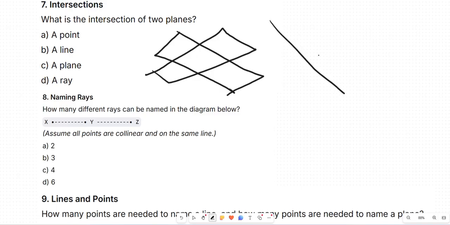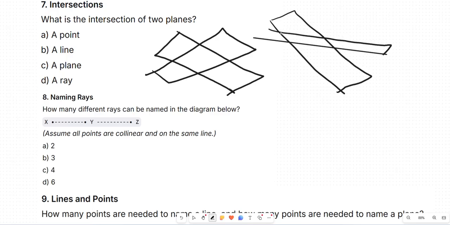That's wrong. Let me write it like this. It creates a line. You see this part? It's a line. It creates a line whenever it intersects. So it creates a line B.